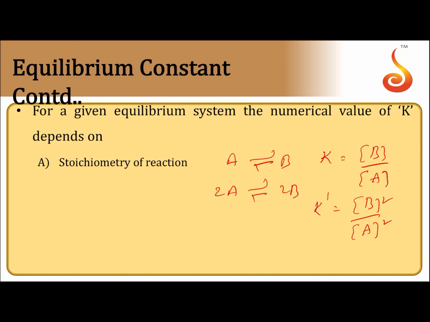So if you multiply throughout by 2, the new equilibrium constant becomes the square of the previous one. K dash is equal to K square.